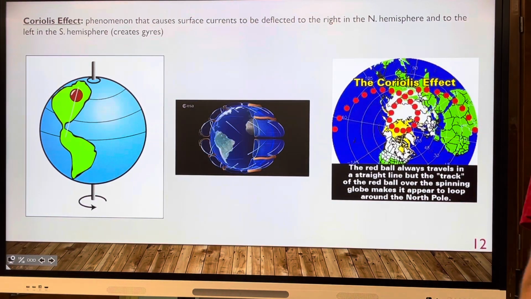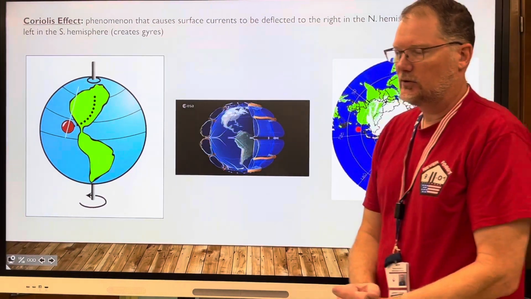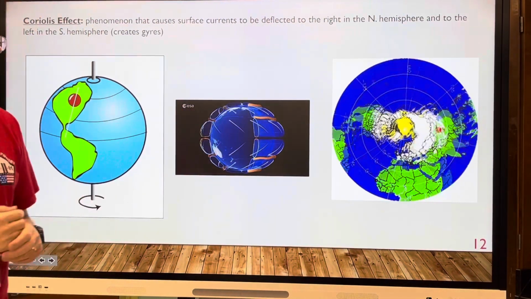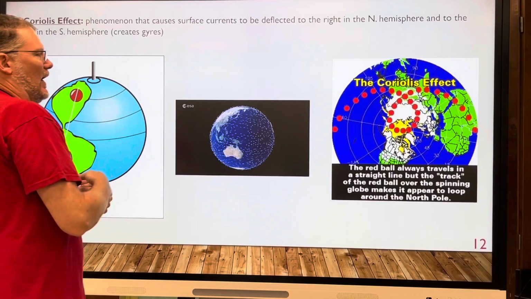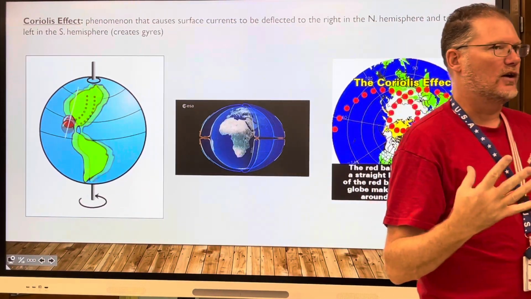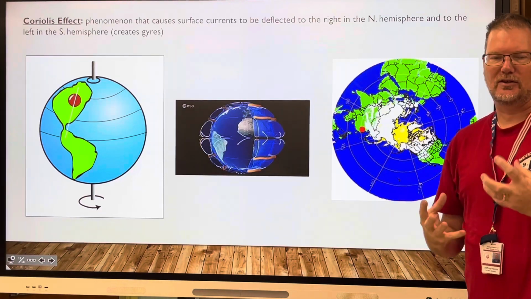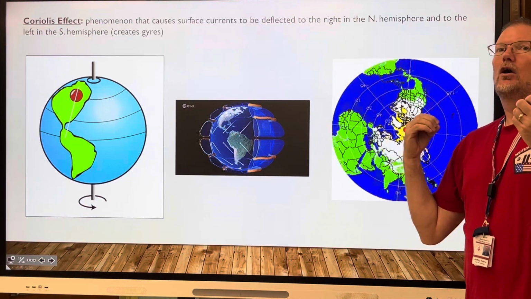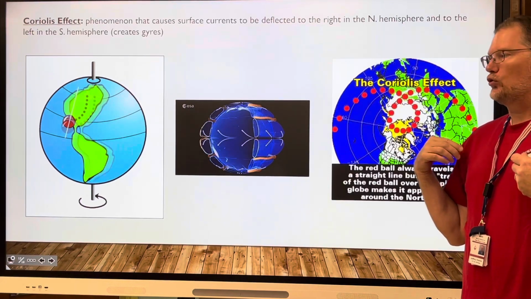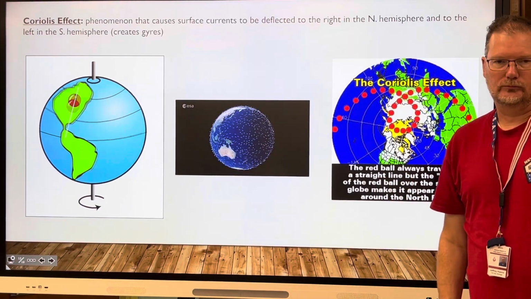The Coriolis effect. I think we've all heard of this, but it is a naturally occurring phenomenon that, because of the Earth's rotation, causes large substances like ocean water to move in a circular or curved pattern, okay?